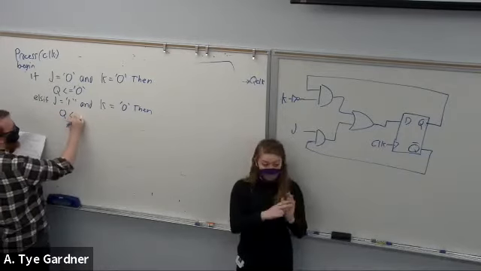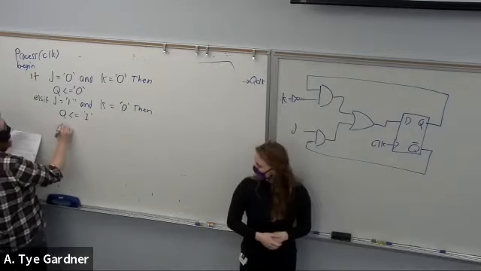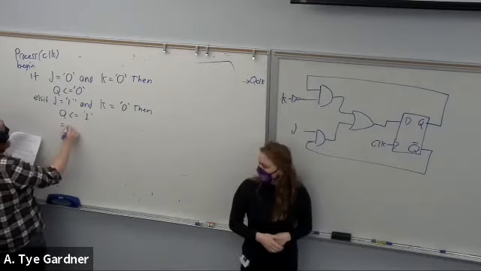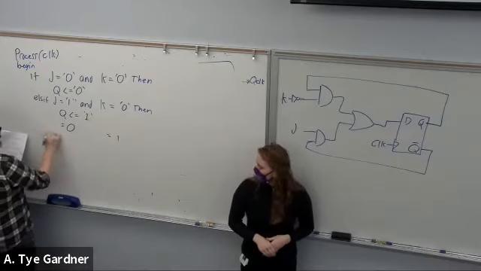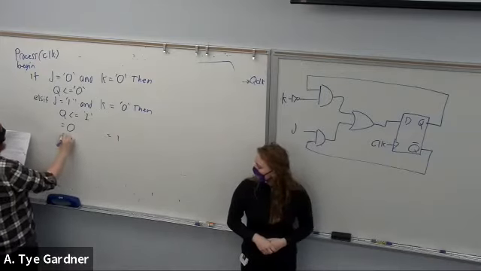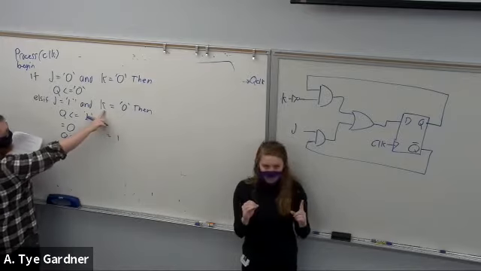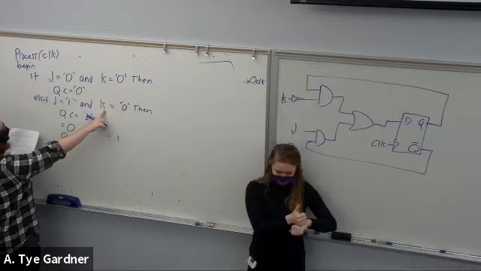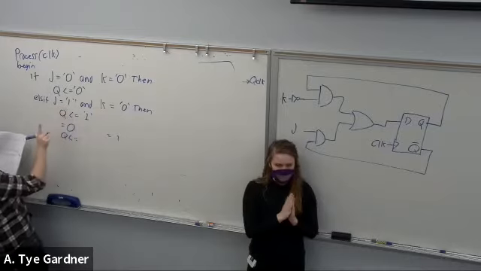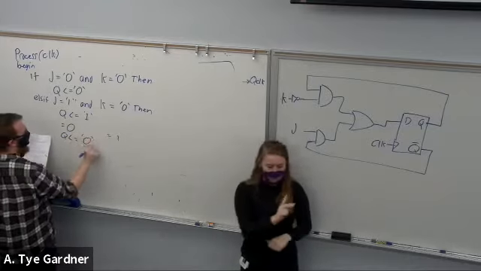J is our set. If I had equal to, I'm going to shorthand this next one, 0, 1, then I would have Q get assigned to, well, J is set, K is reset, Q is 0.